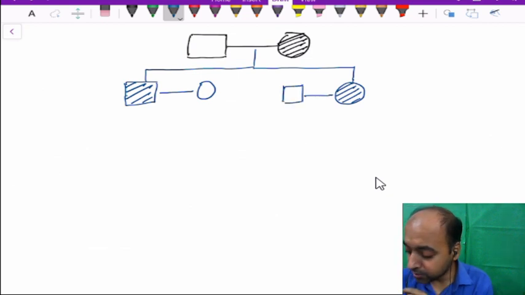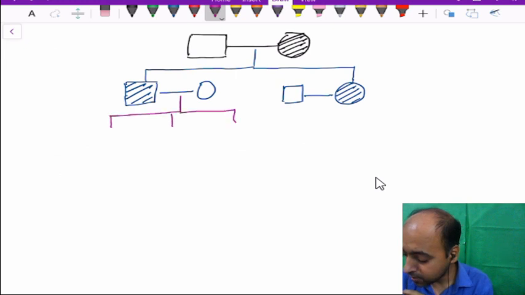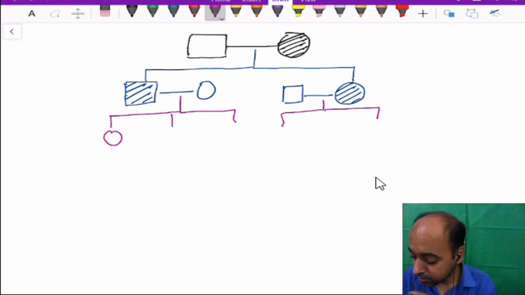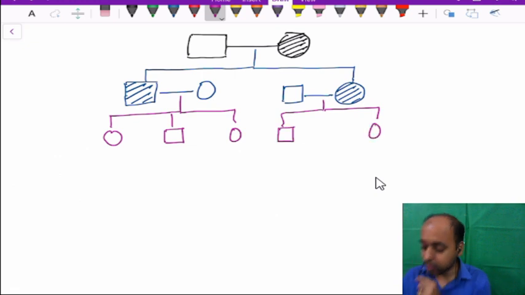In the course of time, they're going to have their own families. All right, let's say we have a daughter here, a son, another daughter, a son and a daughter. What happens in the first case?